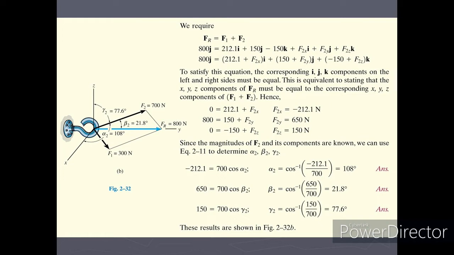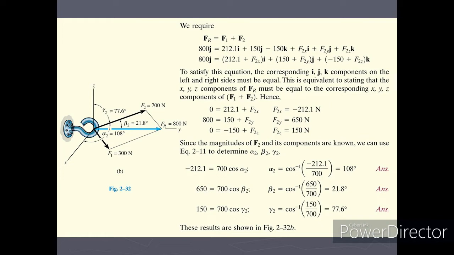We just substitute the angles and the magnitude, based on the formula I just erased, using the unit vector. And then this is FR, so we just apply this formula, FR equals F1 plus F2, right? And then substitute.